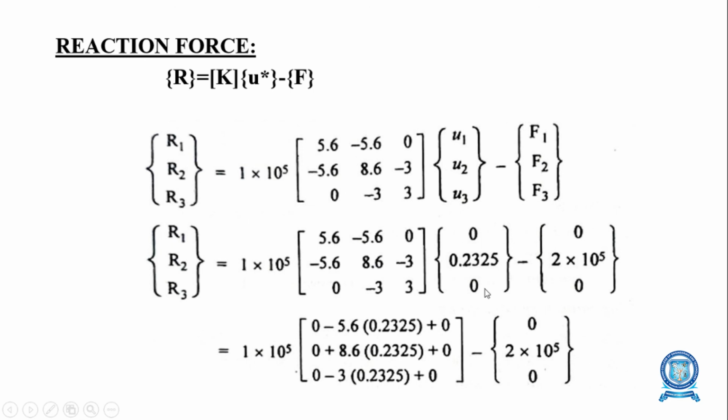For the first row, 5.6 into 0, minus 5.6 into 0.2325, plus 0 into 0. Likewise for the second row, minus 5.6 into 0, plus 8.6 into 0.2325, plus minus 3 into 0. For the third row, 0 into 0, minus 3 into 0.2325, plus 3 into 0.